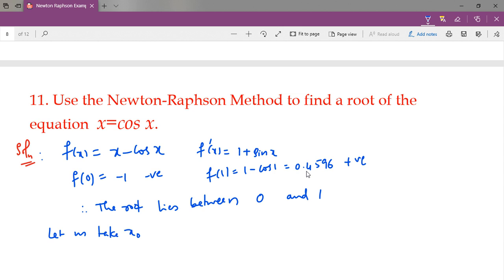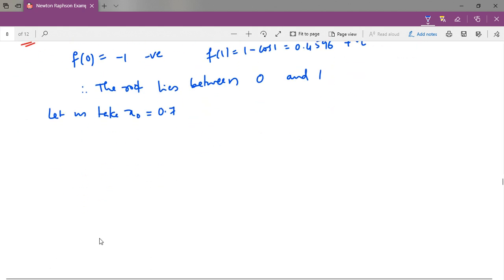F of 0 is minus 1, very far away from 0 compared to f of 1. Therefore we choose an x naught value very close to 1. So let us take x naught as 0.7.